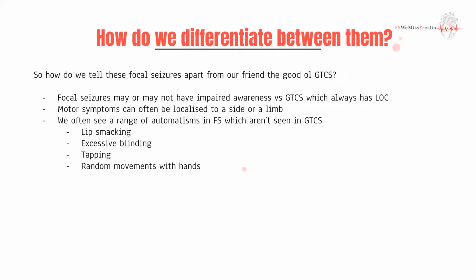We also see a whole range of automatisms in focal seizures that aren't really seen in generalized tonic-clonic seizures. These include things like lip smacking, excessive blinking, tapping, random movements. What an automatism basically is, it's a random movement that's uncontrolled and repetitive. And I'll talk about how that works. I think a lot of things will be a big brain moment in a hot second. So stay with me.